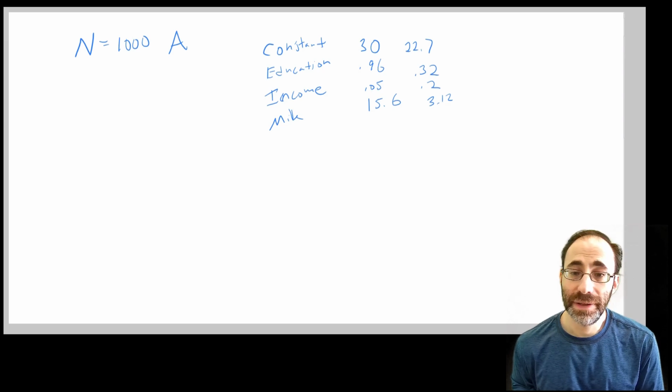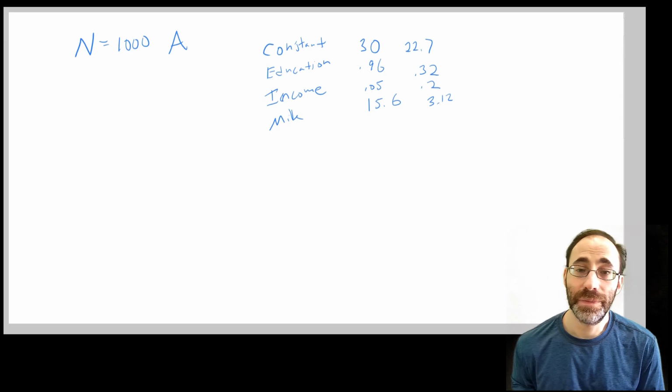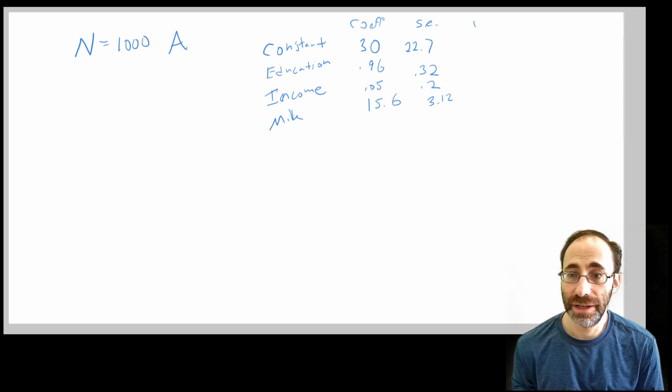Okay, next up, t-statistics. Calculate them for each one. Well, all we have to do is take our coefficients, which are in the first column, and divide by our standard errors in the second column, and we get our t-statistic. So we ignore the constant. This one is 0.96 divided by 0.32, and surprisingly, it's a whole number. It's 3.